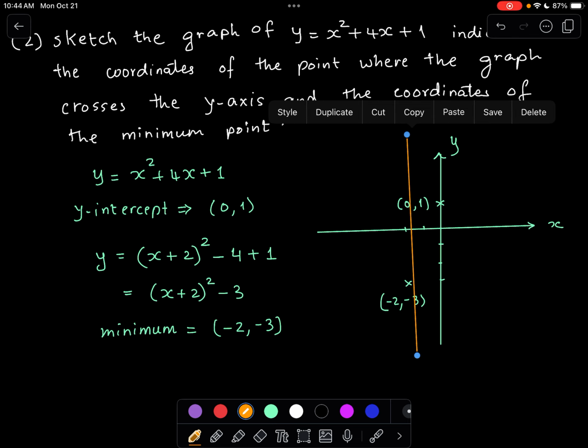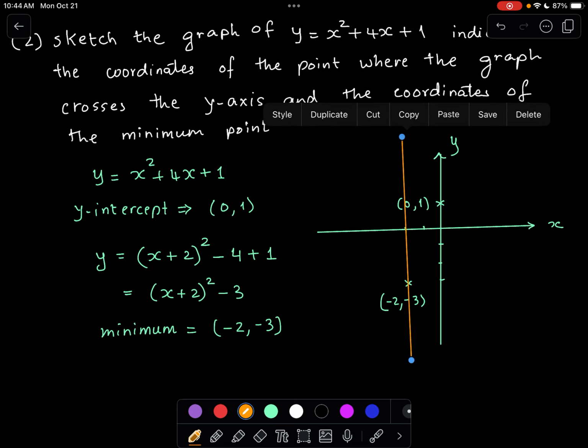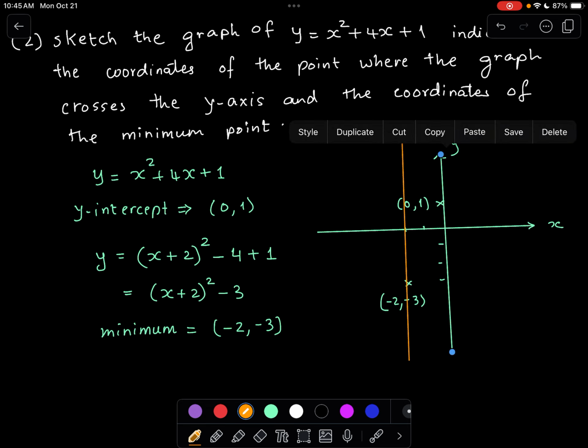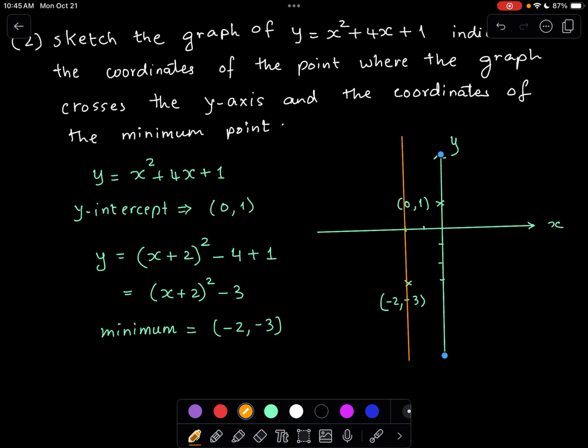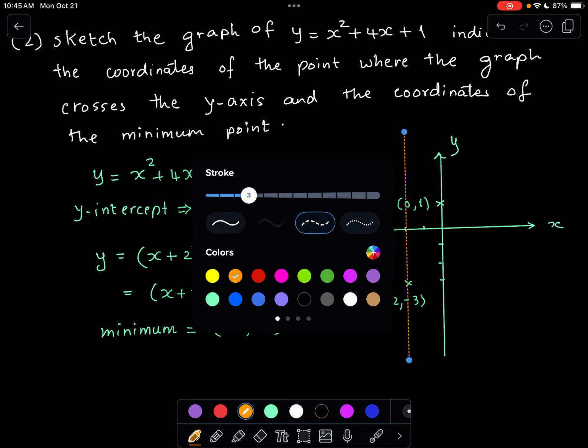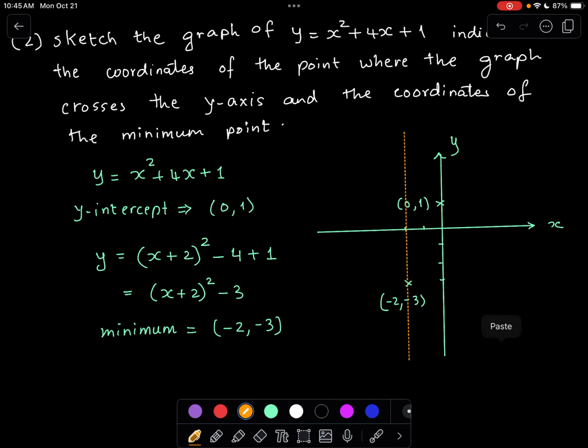So it's just going to be symmetrical about x equal to -2. Right. I think it's okay. Almost there. Right. Let's make a dotted line. So we need to draw the graph that is symmetrical about it, approximately symmetrical. So it would look something like this.